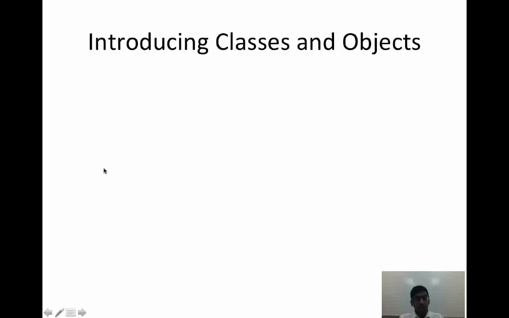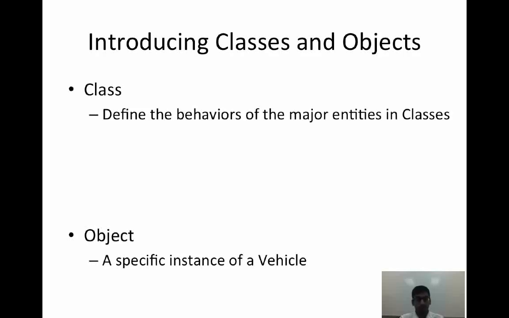So now if I have all my entities and their corresponding behavior, the next step is classes, where I actually tell what a behavior should do. What do you mean by getLicensePlate? What exactly is an entity supposed to do for that particular behavior? So I'm actually defining the behavior that I have previously identified.